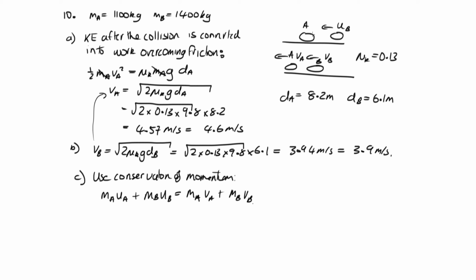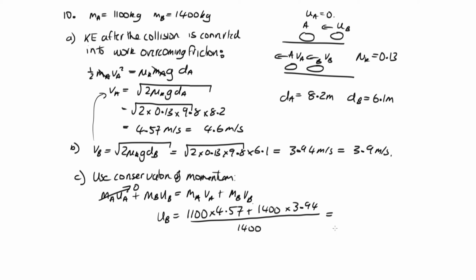But we know that initially car A is stationary, so u_A is equal to 0. So this term here is 0. So we're trying to work out u_B. So we've got u_B is equal to m_A times v_A, so that's 1,100 times v_A, which we calculated up here, 4.57, plus m_B, 1,400 times 3.94, over, now we need to divide by this mass B, which is the 1,400. So solving that, I end up with 7.53 meters per second, which is equal to 7.5 meters per second.